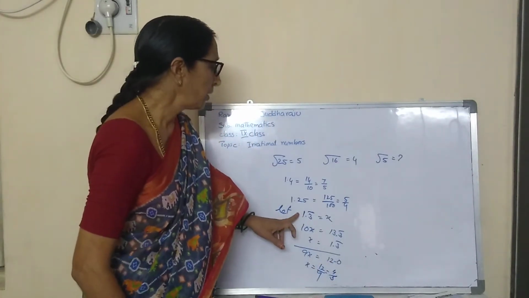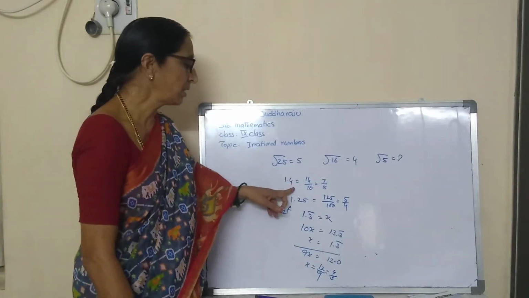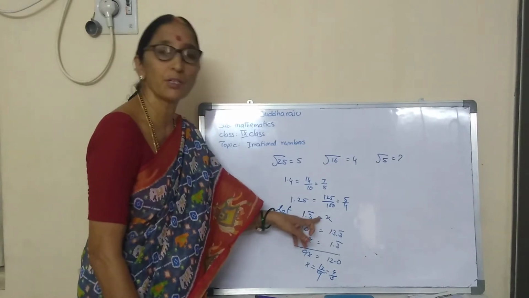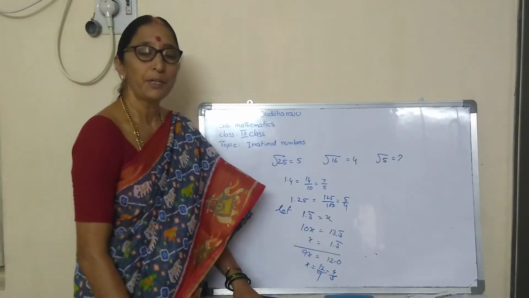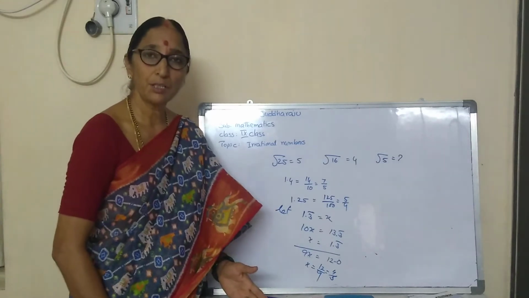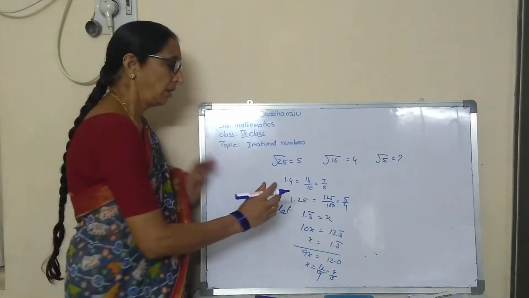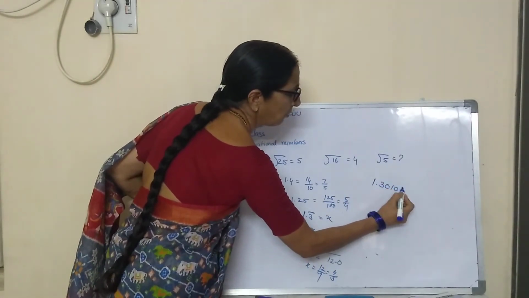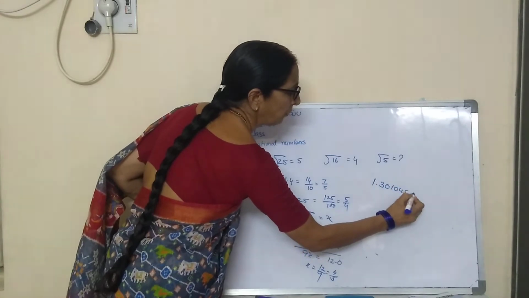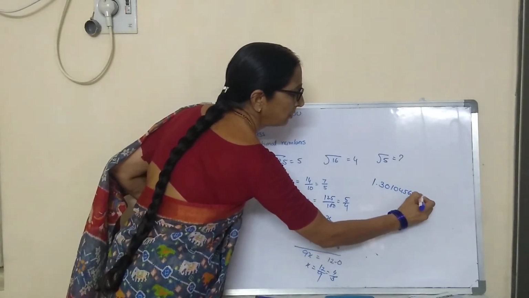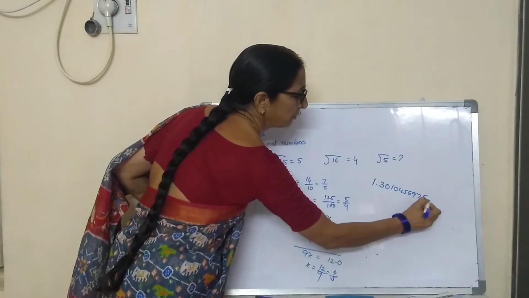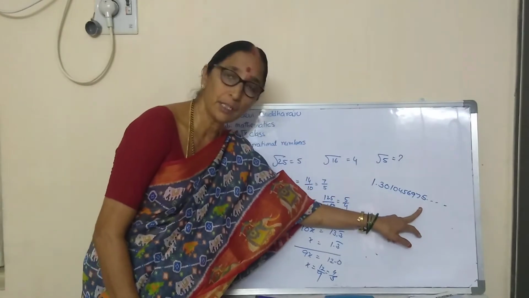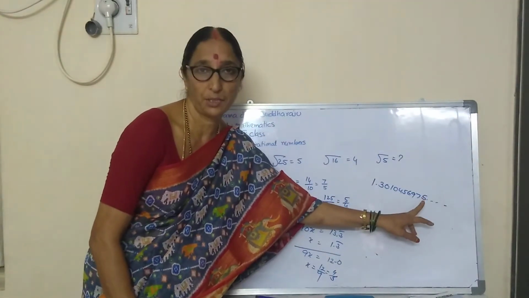So we can write terminating decimals in rational form. We can write repeating decimals also in rational form. If a decimal number is non-terminating and non-repeating, like 1.3010456975 etc., this is neither terminating nor repeating.